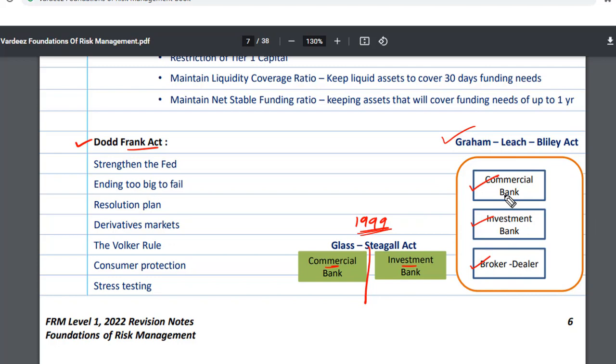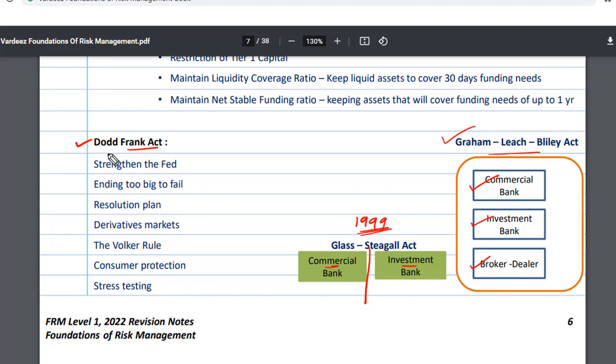They were actually combined. Okay, and this was partially one of the reasons why major investment banks like Bear Stearns and Merrill Lynch were in such distress that they needed to be merged into some larger financial institutions.